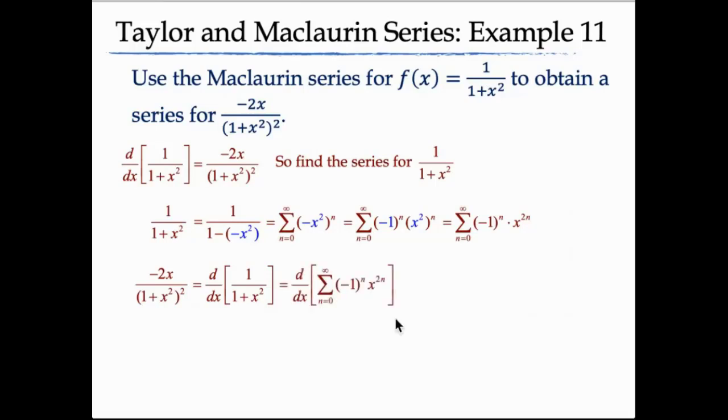If I find the derivative of this series, it's going to be negative 1 to the nth, that's just a constant so it stays, times 2n times x to the 2n minus 1 power. And that becomes my Maclaurin series for this fairly complex rational function.